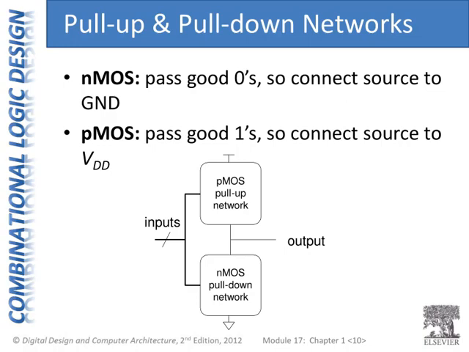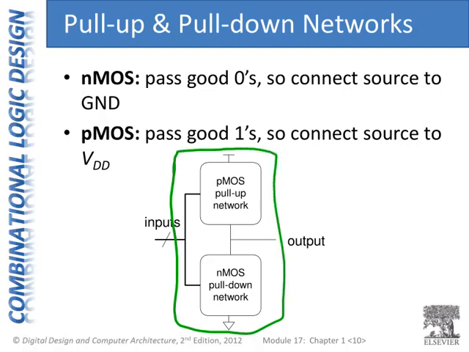Again, our gate has its inputs and outputs. If we drew a black box around this, we wouldn't necessarily be able to tell the difference. We have inputs and outputs, but now we're going to build it at a lower level of abstraction. Why do NMOS transistors belong only in the pull-down network? The pull-down network is going to pull our output down to ground, giving us a path to ground.